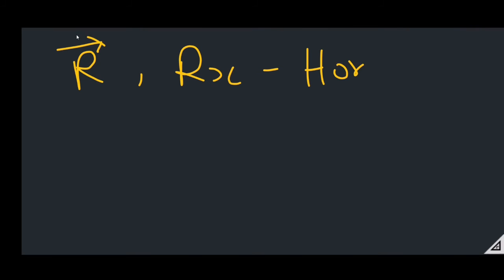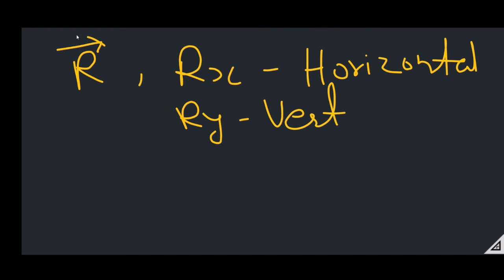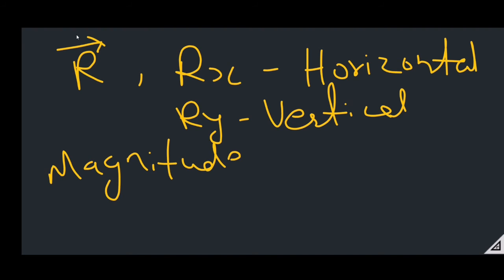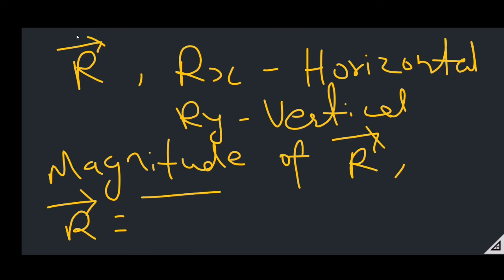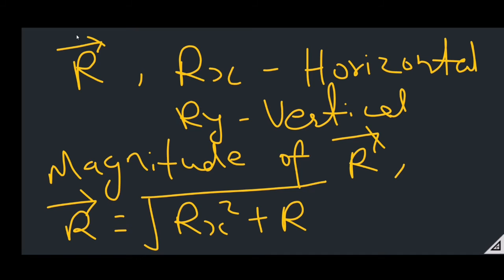Now if we have r vector and it has component rx in the horizontal direction and ry in the vertical direction, then the magnitude of r vector is given by root under rx square plus ry square.